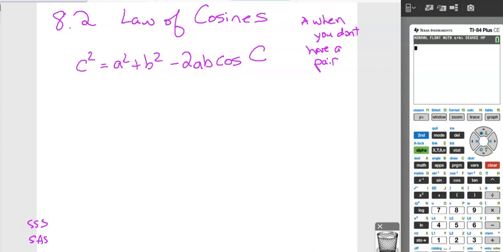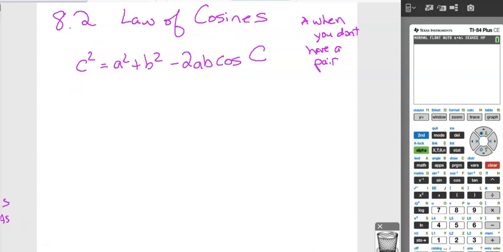So notice I have ab, and then the c is what corresponds to the last. If you're trying to find side C, you're going to use angle C. Or if you don't know angle C but you know side C, you could use this as well. But again, those correspond to one another.